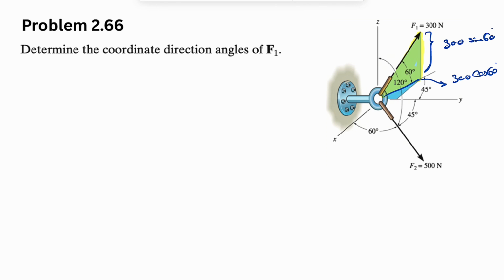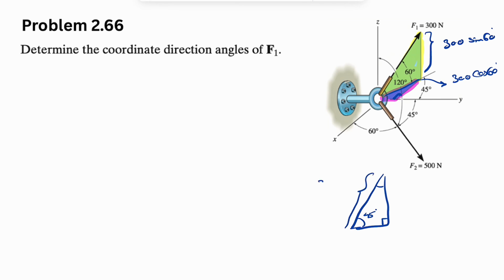Once we have the projection on the XY plane, we're dealing with another right triangle. I'm going to try a different color, maybe pink. This angle right here is a right angle. If you want to show it, it's going to be something like this, where this angle is 45 degrees, and obviously the other one would be 45 too.